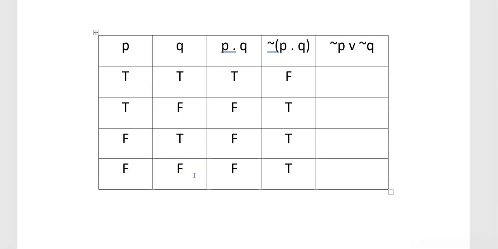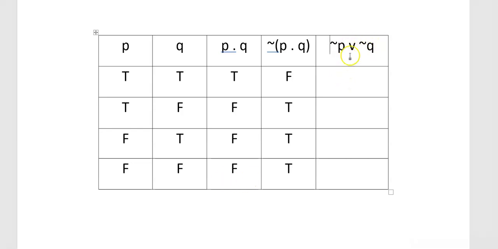So we consider all the possibilities. The way we have decided all the possible truth values of P dot Q, similarly, we have to decide all the possible truth values of its denial. So for that purpose, we said that either P is denied or Q is denied.